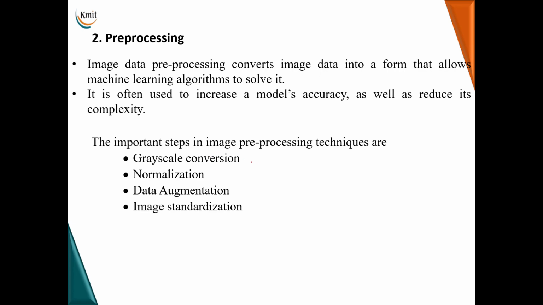So these are different pre-processing techniques used: grayscale conversion, normalization, data augmentation and image standardization. These are a few pre-processing steps used by computer vision to pre-process the given image.